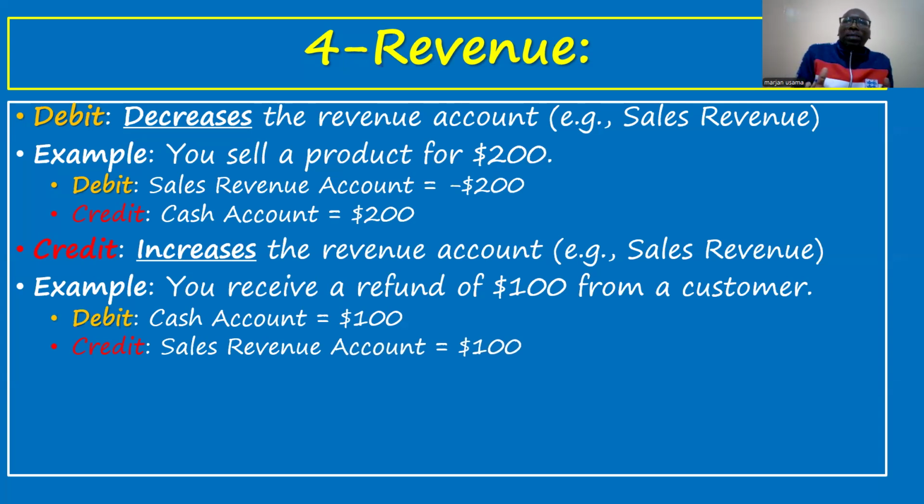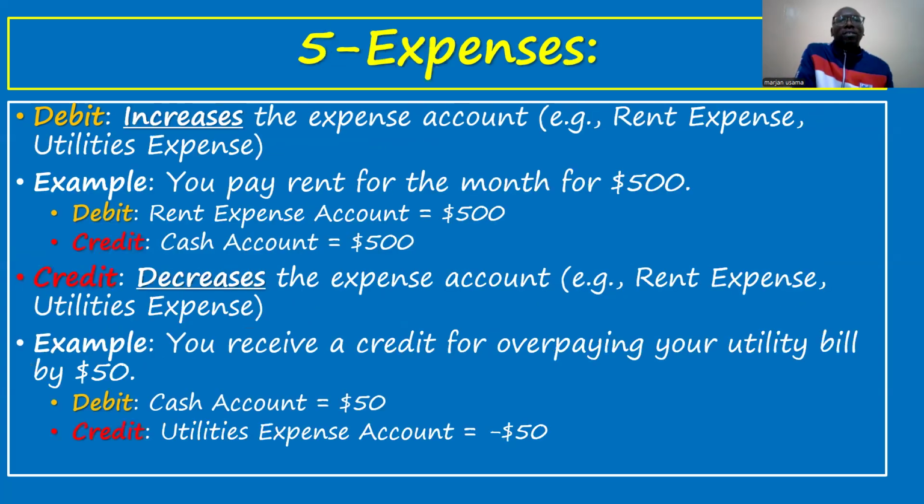Because sometimes customers tell you, give me this computer, I will pay you after 2 weeks. So when they pay you after 2 weeks, your cash is plus. So you debit the cash, and you also credit the revenue, because your revenue increases and your cash also increases.